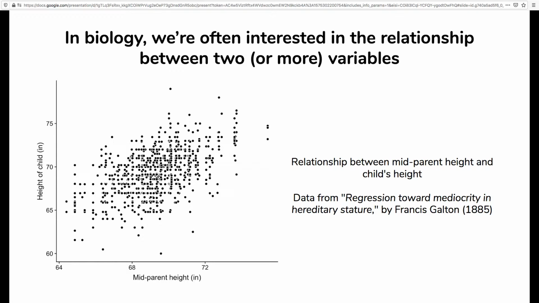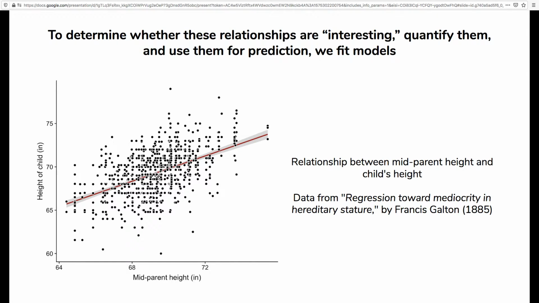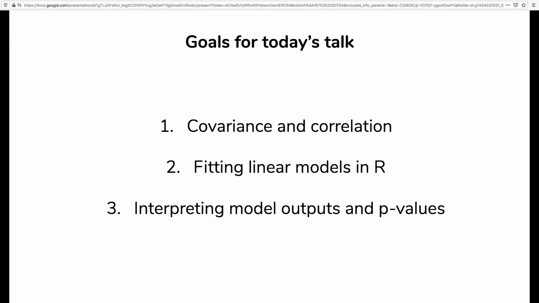If we have these relationships between variables and we want to better understand them, quantify them, and ultimately use them to predict data that's incoming in the future, we like to fit models. Oftentimes it's simple linear regression models like the one that I've drawn here. So in the SLLOBS talk today, we're going to go through some basic concepts.